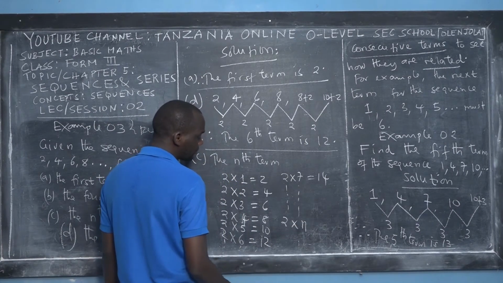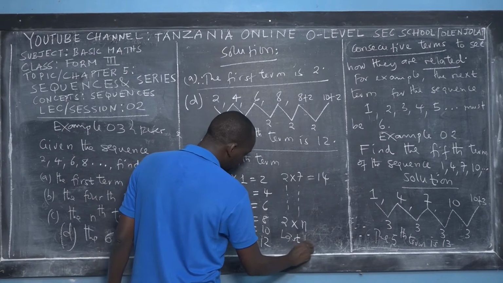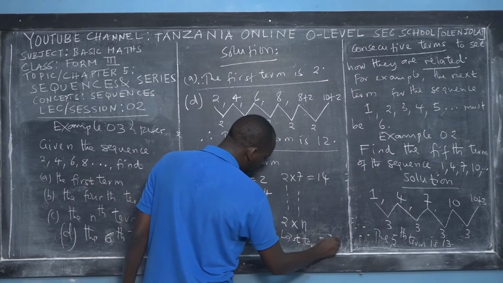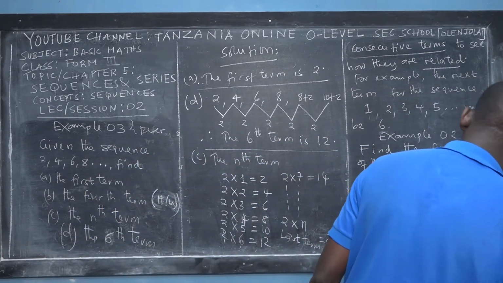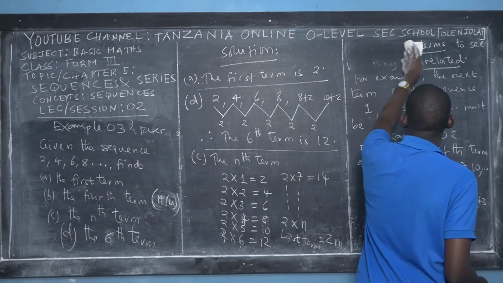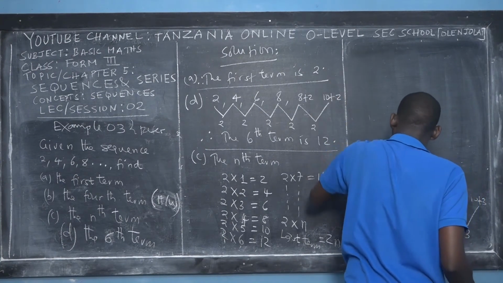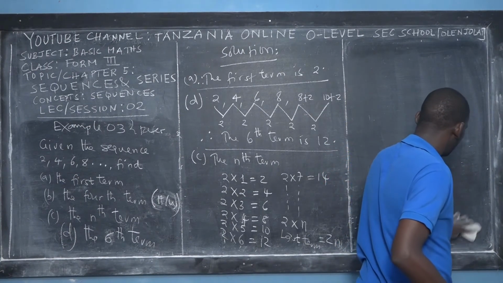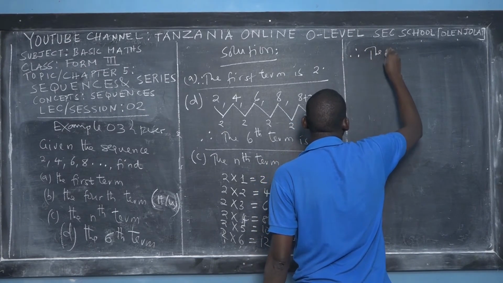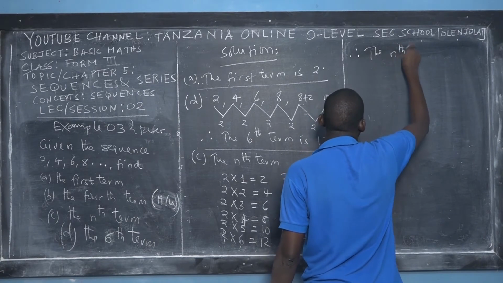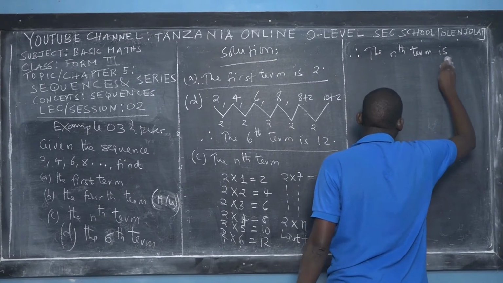So if that's the case, therefore the nth term for that sequence is 2n.